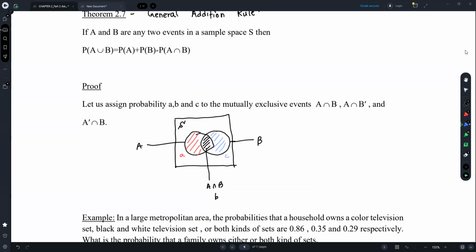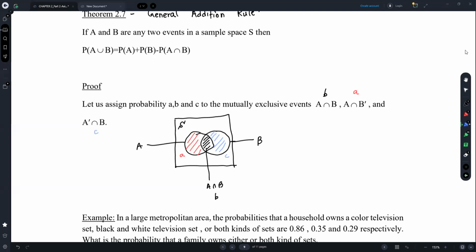So your A union B, you can split it into three different mutually exclusive areas. So what are they? Here's our B, A intersection B, this is B. A intersection B's complement is this part. Then B intersection A's complement is this part.